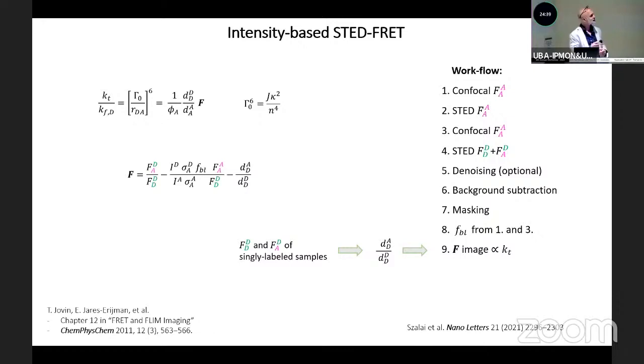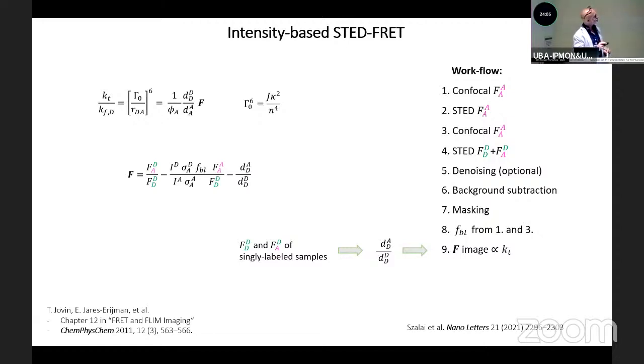These three measurements. In the pipeline, we include a confocal measurement of the acceptor before and after STED, just to account for photobleaching. And that's basically it. Then the rest are calibration factors based on the spectral properties of the fluorophores. So in this way, you can obtain an image of this parameter F that is proportional to the energy transfer rate.